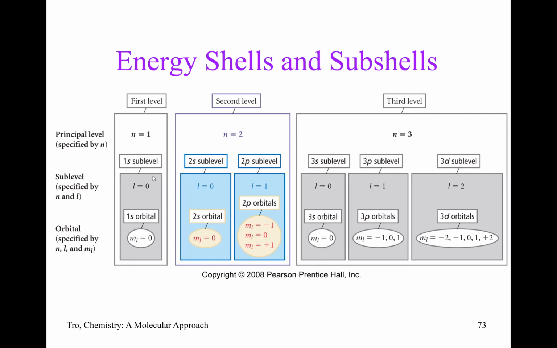So in n equals 1, you only have the S. When you move to the second row in the periodic table, you have S, P. When you move to 3, you have S, P, and D. And what's left off here, because the F orbitals aren't terribly important, when n equals 4, you'll then have S, P, D, and F. But it's not even included in the slide because the F orbitals, they're just not used very much.